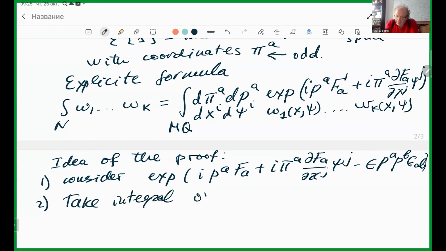Take the integral over pa fields, variables.